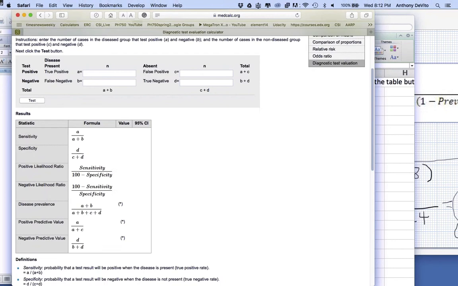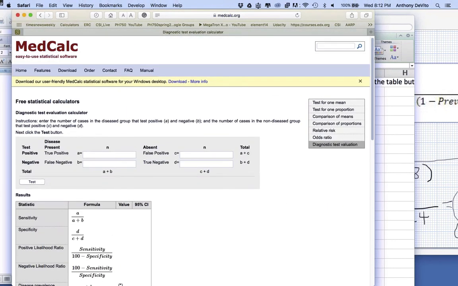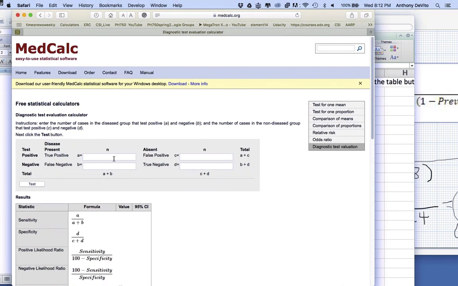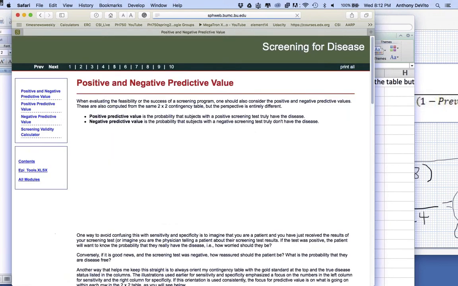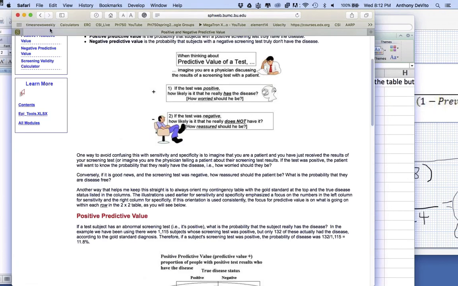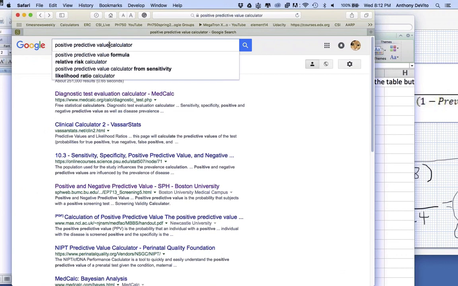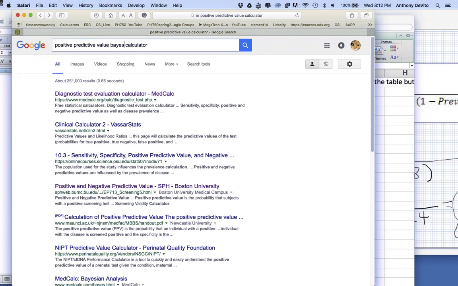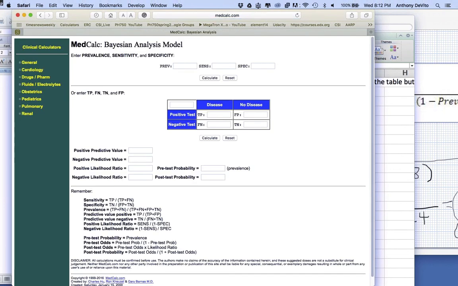Now let's see what we got here for true, false, positives, and so on. Okay, this is actually if you put the actual numbers in here. Let me see if I can find one that's just going to work with Bayes' formula. Nope, this is an explanation. I'm looking for a calculator. Positive predictive value, Bayes. Okay, let's see if I can do it here.